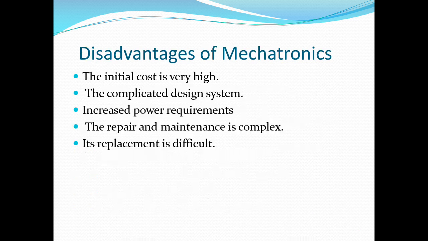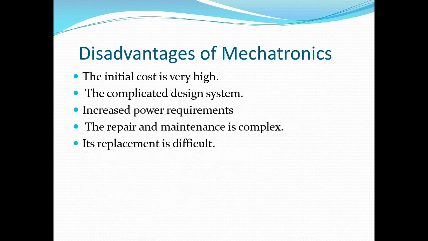Increased power requirements: since it's mechatronics, it uses electricity, so there is a need for more power. The repair and maintenance is complex since it is an integrated system. We cannot directly repair only with a mechanical concept or electronic concept or only a software concept.